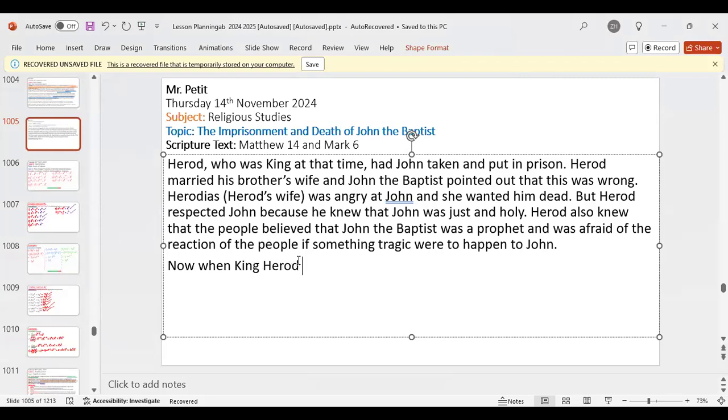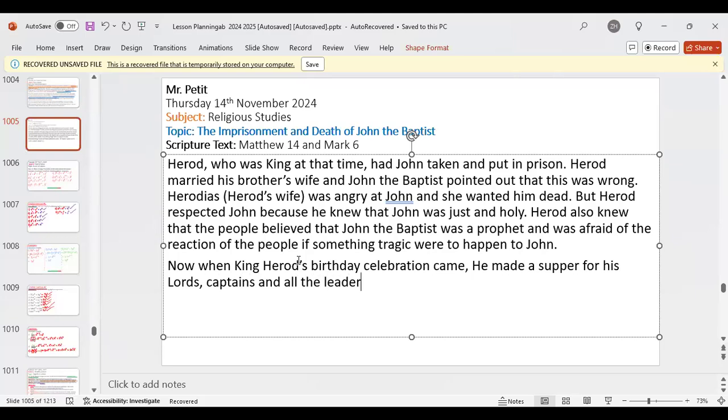Yes. Now when King Herod's birthday celebration came, he made a supper for his lords, his captains, and all the leaders of Galilee.